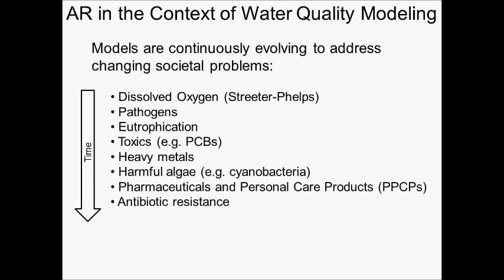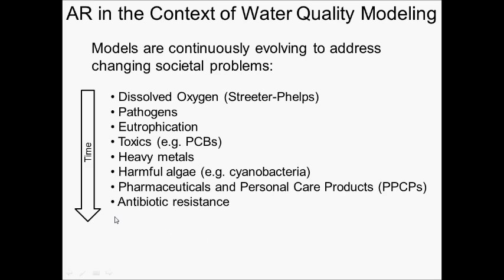But then, as we were faced with other problems, pathogens, eutrophication, toxics, and so on, we continued to develop mathematical models to help us manage and understand these problems. At the forefront, the problems that are new to us these days are pharmaceuticals and personal care products, and antibiotics themselves may be considered to fall in this category.